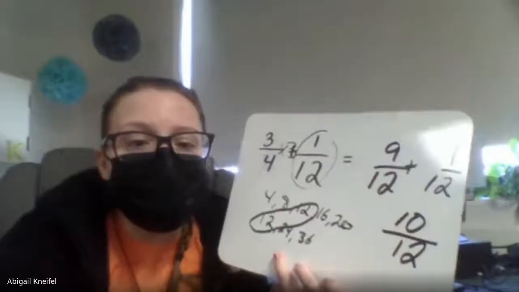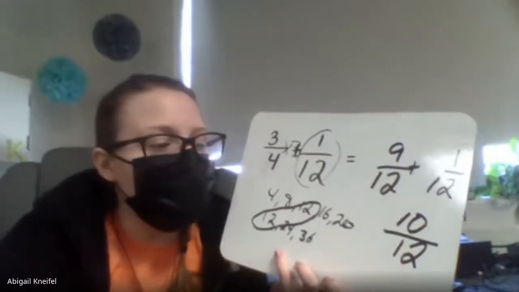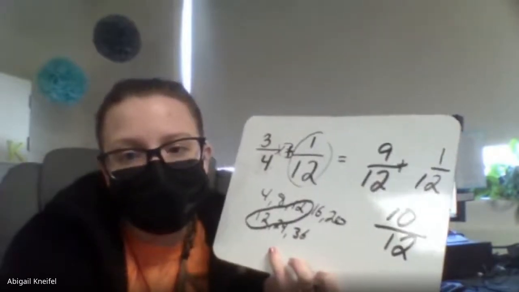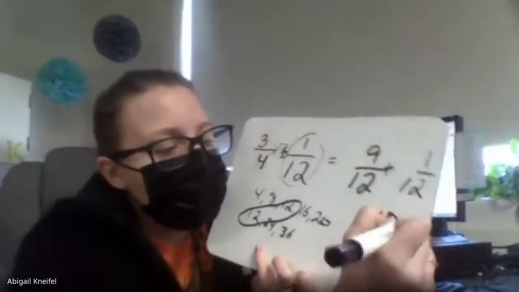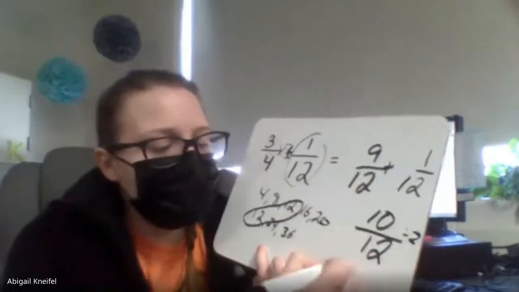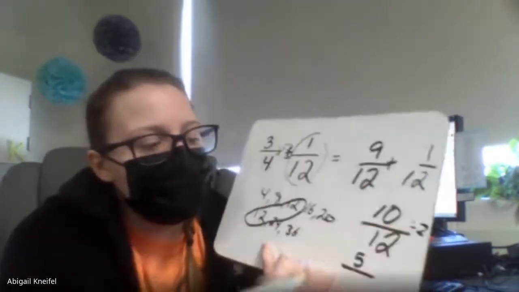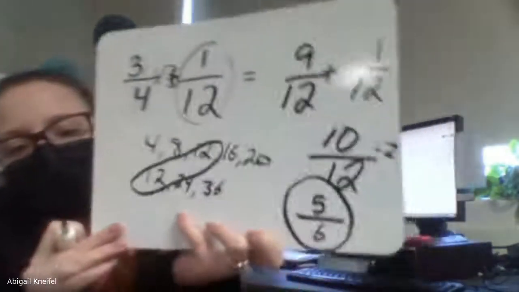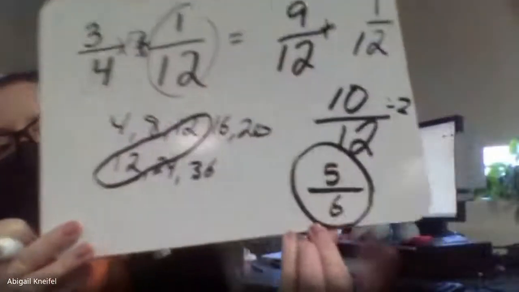Yes, I can simplify. Rochelle, do you know what number can go into both 10 and 12? 2. Yep. So I'm going to divide both by 2. 10 divided by 2 is 5. 12 divided by 2 is 6. Our smallest simplified answer of 3/4 plus 1/12 is 5/6.